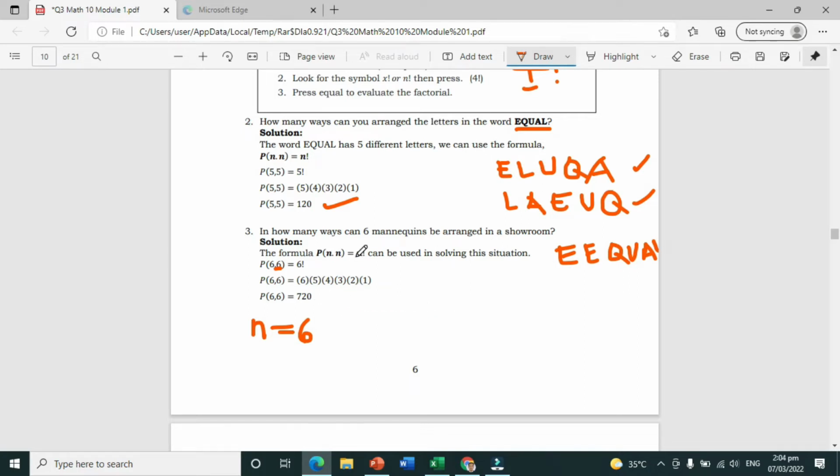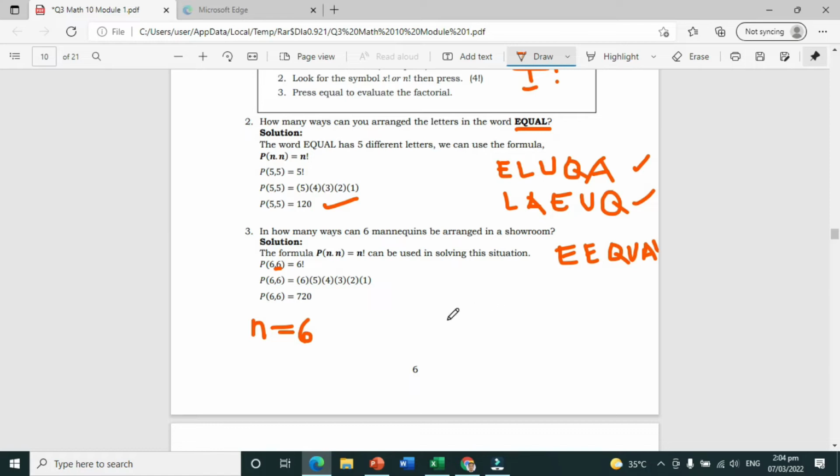So therefore, there are 720 ways you can arrange 6 mannequins in your room. In other words, kung gagamit ka ng listing method or tree diagram, there are 720 ways pa rin na pwede natin makuha. Diba? Sobrang dali kapag ito yung formula na gagamitin natin.